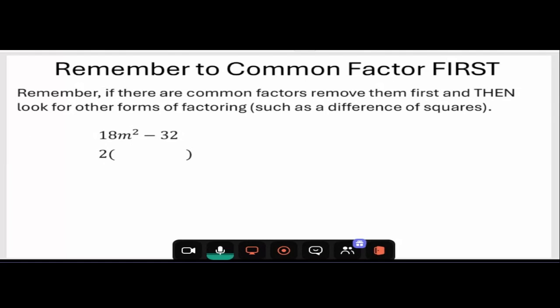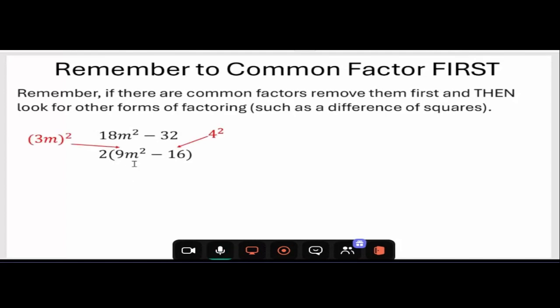What's left behind? 18m squared divided by 2. 18 divided by 2 is 9. Negative 32 divided by 2 is negative 16. So there's some more common factoring. And now look what I've done.